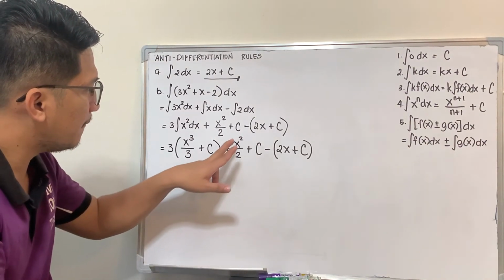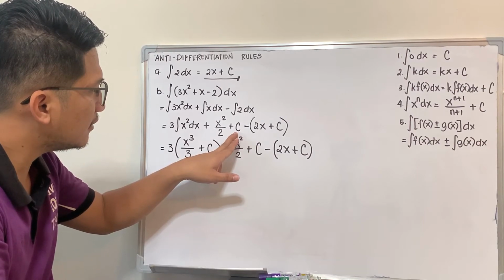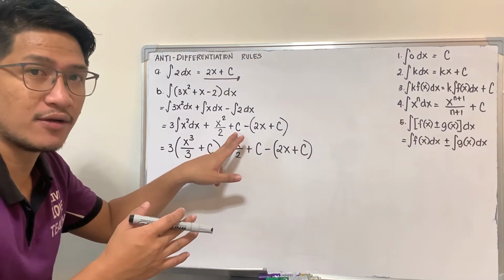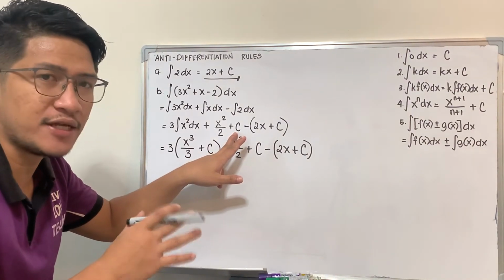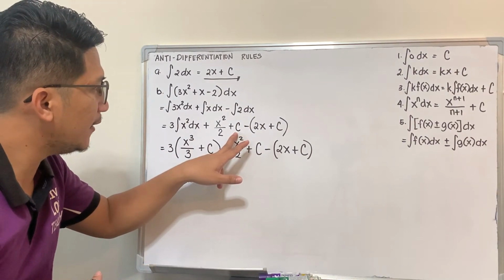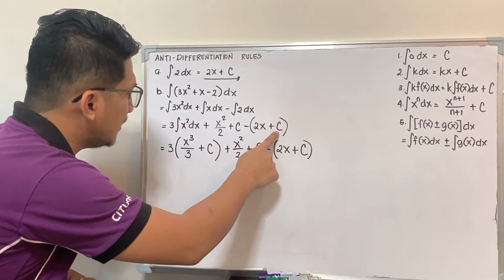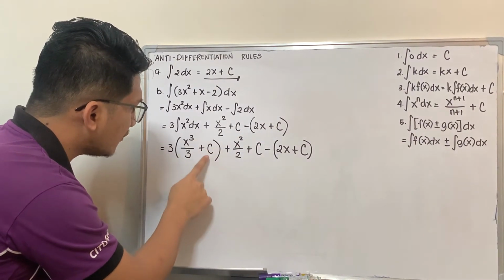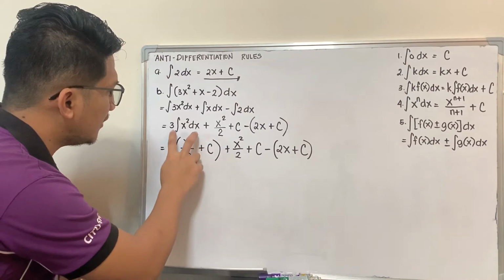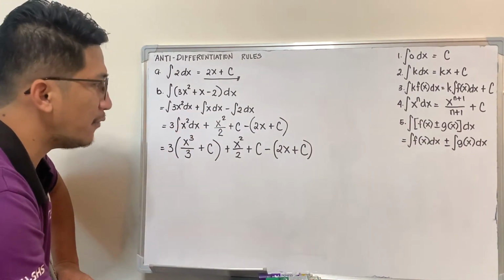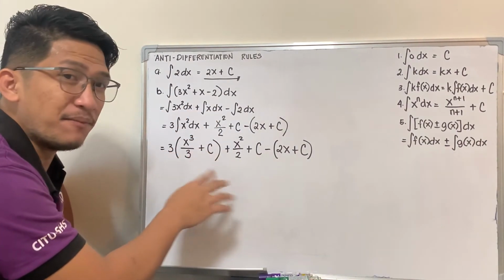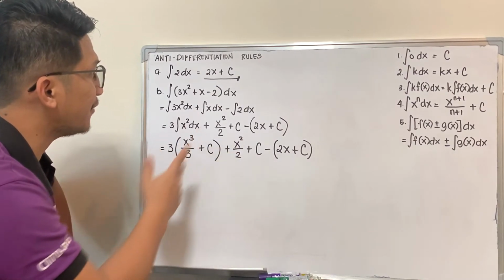Okay? So nag-add kag C because it doesn't matter, kung imo na siyang i-differentiate, 0 man na. So karon any constant ni siya, any constant na. Ngayon, naa pay another any constant here after applying the integration or anti-derivative rule. Anyway, do not add C until maka-apply ka sa anti-differentiation rule.